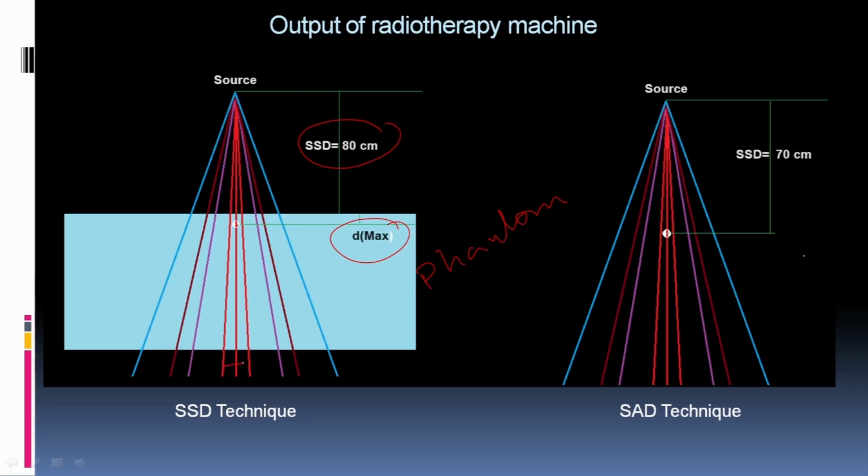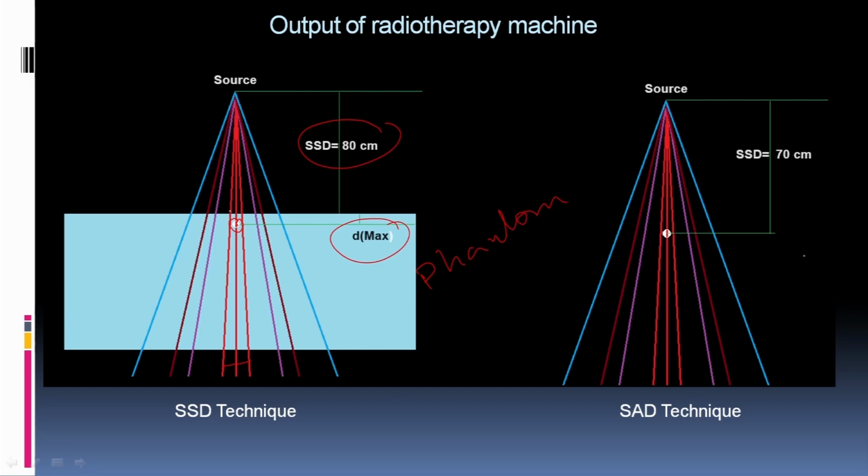You have to start from 5 by 5 up to the maximum field size, that is 35 by 35 for cobalt and 40 by 40 for linear accelerator. So we have to measure the output for all these square fields, and we keep the detector at this point. This is the process of how we calculate the output of the SSD technique.